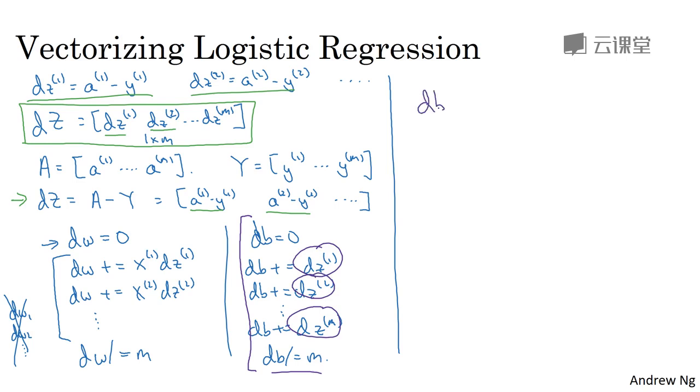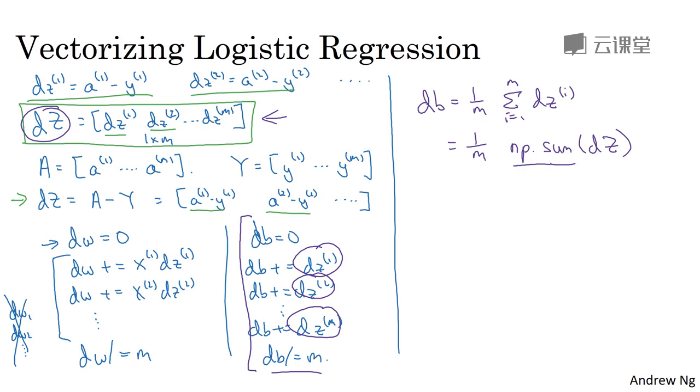So db is basically 1 over m, sum from i equals 1 through m of dzi. And all the dz's are in that row vector. And so in Python, what you do is implement 1 over m times np.sum of dZ, right? So just take this variable and call the np.sum function on it, and that will give you db.